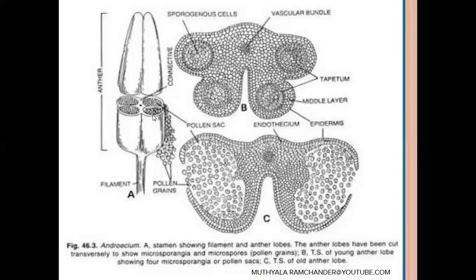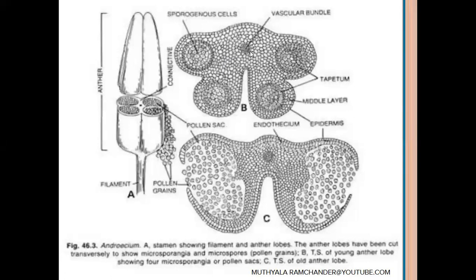See, a young anther, the transverse section of a dithecous anther, shows 4 microsporangium chambers: first, second, third, and fourth. 4 microsporangium chambers are present in a dithecous anther.